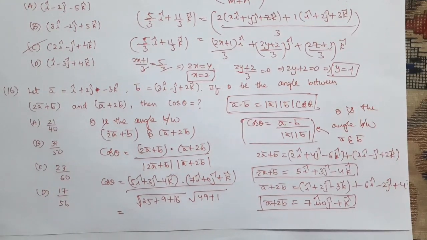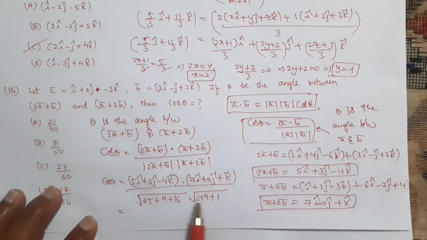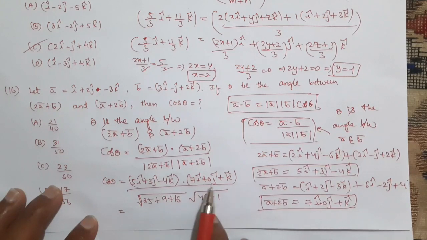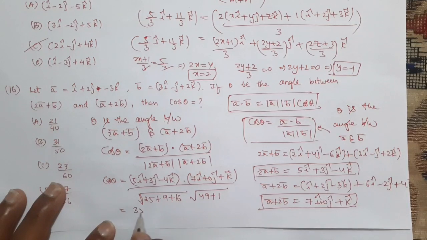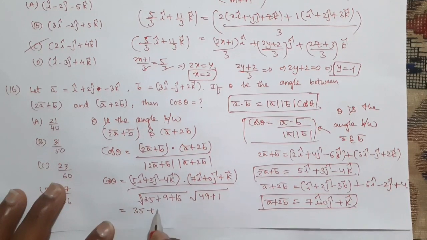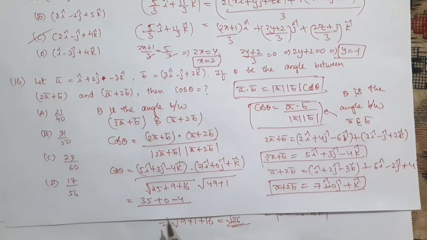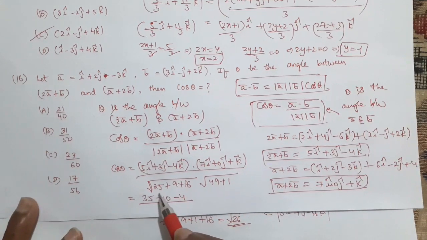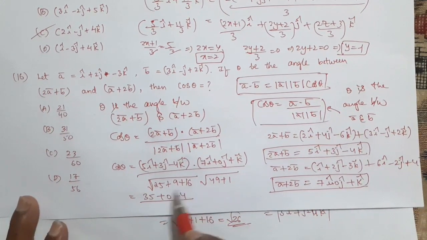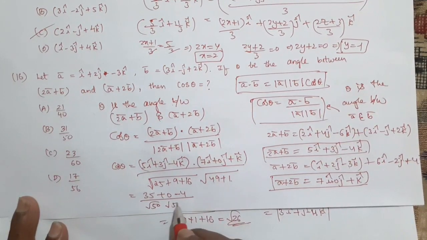So dot product, you might know already. Dot product means i cap scalar components product plus j cap scalar components product plus k cap scalar components product. 5 sevens are 35 plus 0 minus 4, divided by square root of 25 plus 9 plus 16, that is 25 plus 25, square root of 50, and again 49 plus 1, square root of 50.